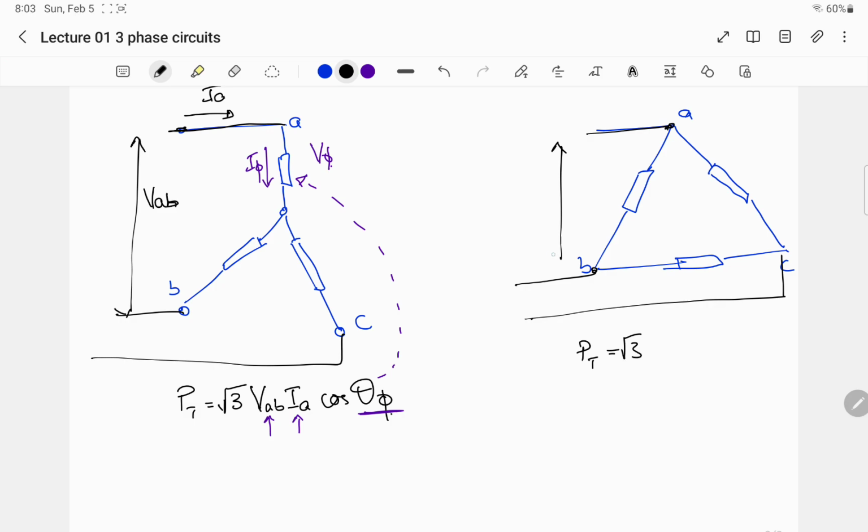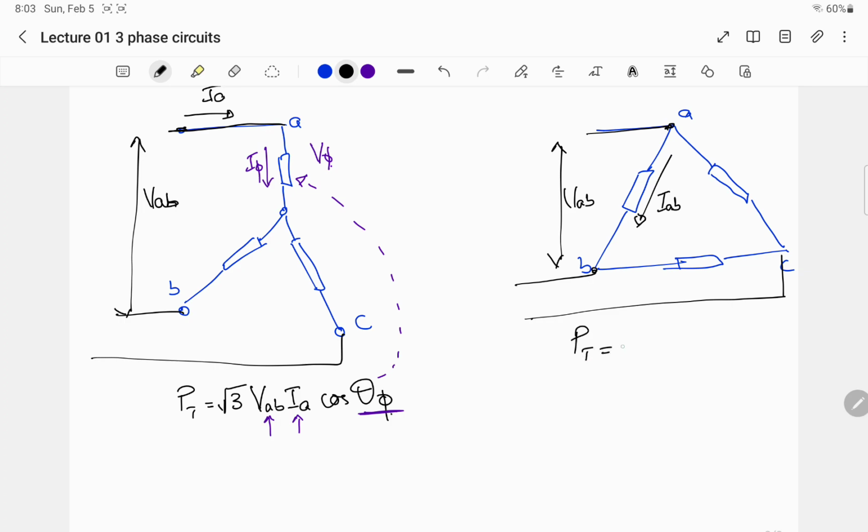We have the voltage VAB, which is line voltage and phase voltage are same. Then we have the current IAB, this is the phase current for delta load. And then again cos theta phi. This is again the angle between the phase voltage. Oh, sorry. Here I have done a mistake. I will again write this formula.